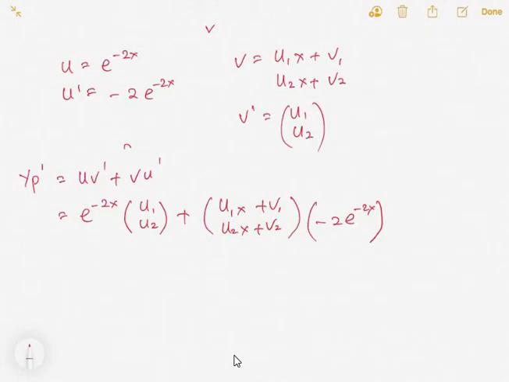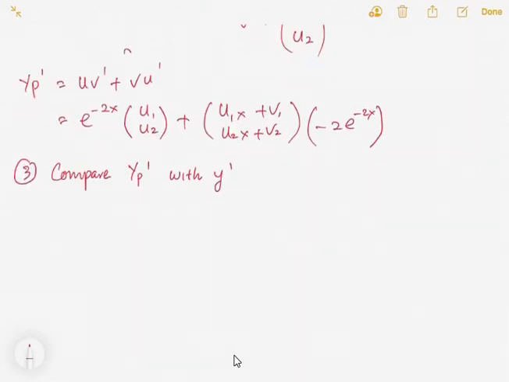Okay, shall we continue? After you get y_p and y_p prime, you can compare. Next step is to compare the y_p prime with the y prime. So third, compare the y_p prime with y prime. Y prime actually is from the early question: y prime equals Ay plus g.